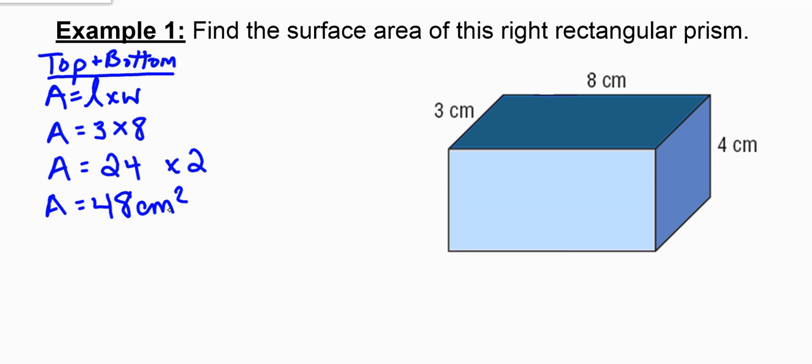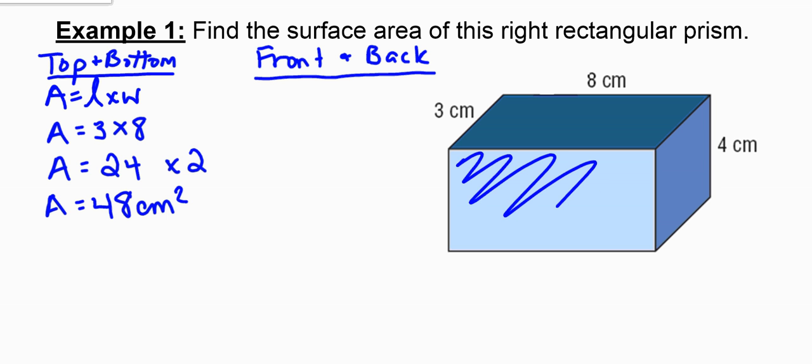Next thing I have is my front and my back. Now, it really depends on how you see the shape. I tend to say that this part here is my front, but some people like to call this the front instead. It doesn't actually matter as long as you are being consistent. So this front piece here that I have colored in a little bit, this is 4, meaning this height here is also 4, and this is 8.